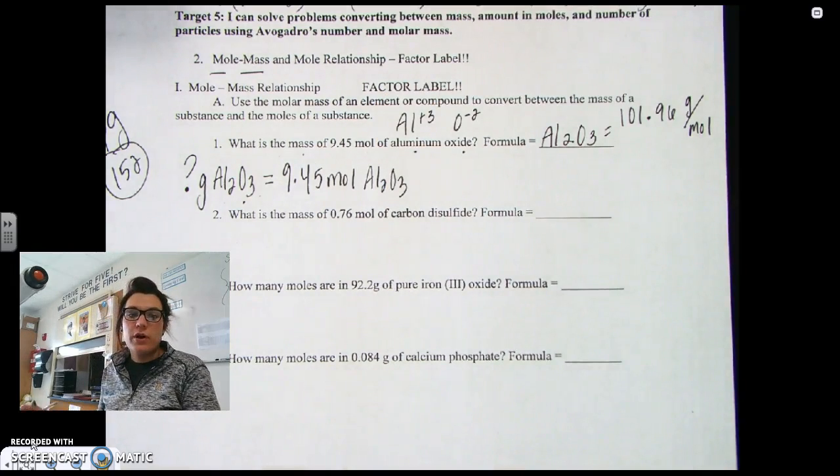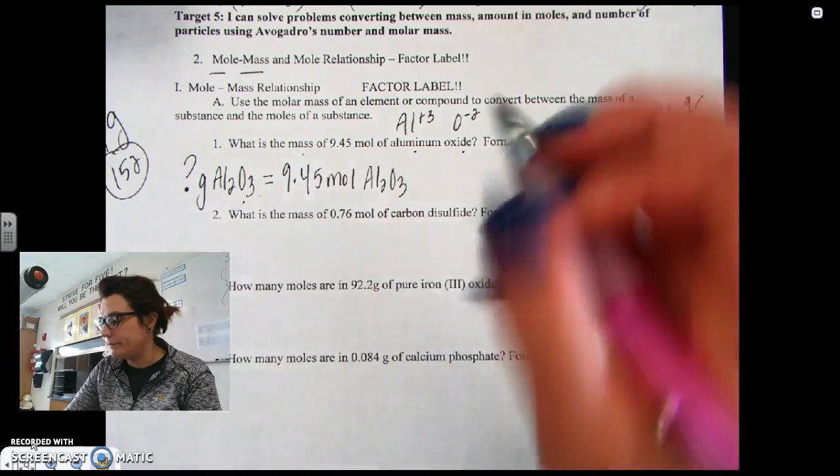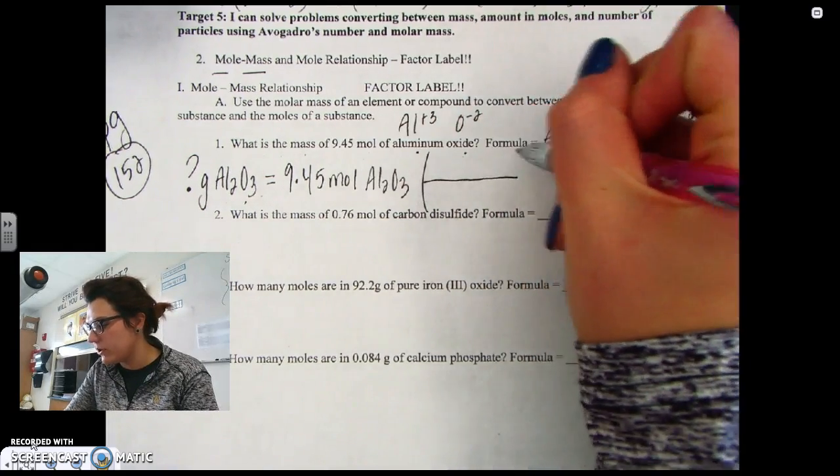So I'm moving from moles to grams by just using the conversion factor that I developed yesterday, which is molar mass. So I'm just going to set up my conversion.